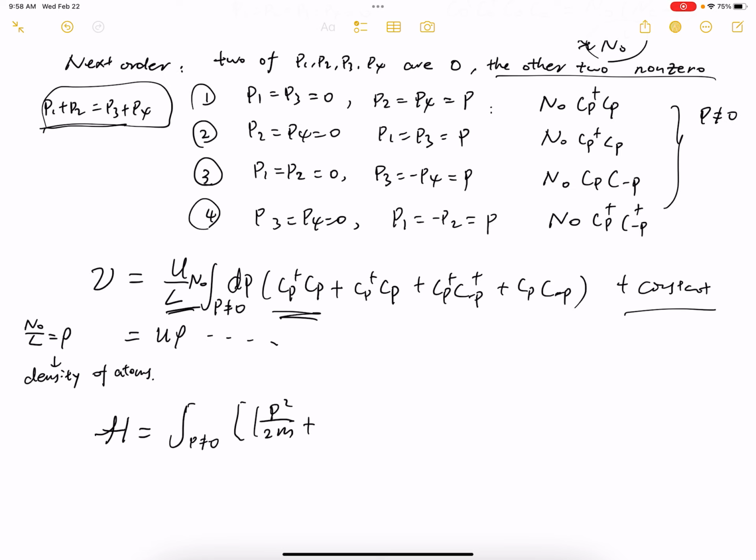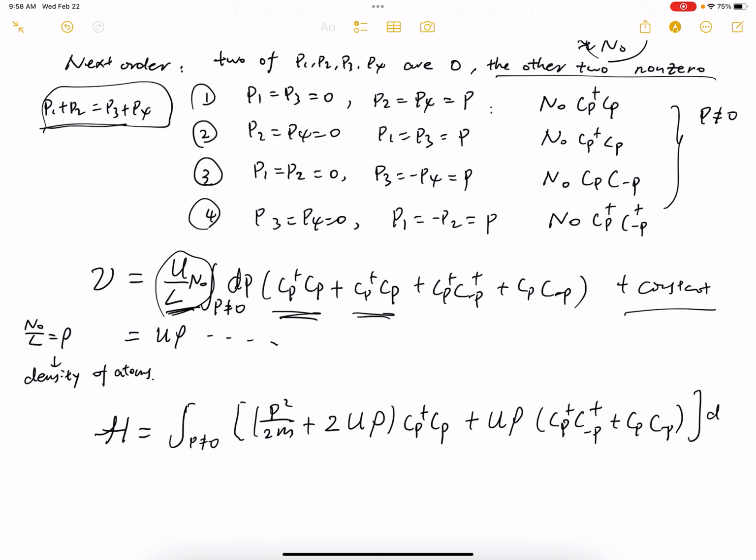These two are the same, so there's a factor of 2. And then we have U times rho, because this prefactor is just equal to U times rho. And then we have Cp dagger Cp. And then we also have the second term here, U times rho. And then we have Cp dagger C minus P dagger plus Cp C minus P. And then we have an integration over dP plus a constant, which is not important.